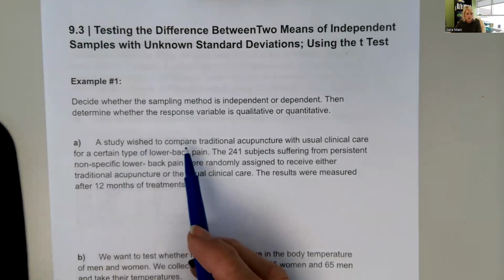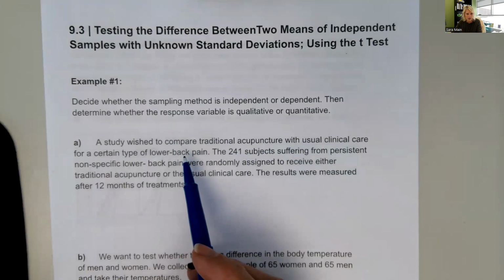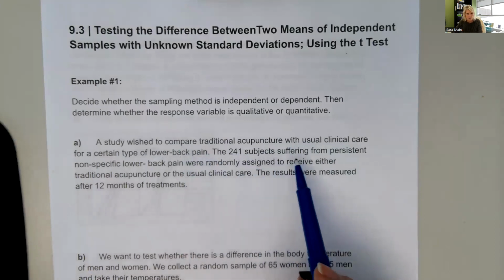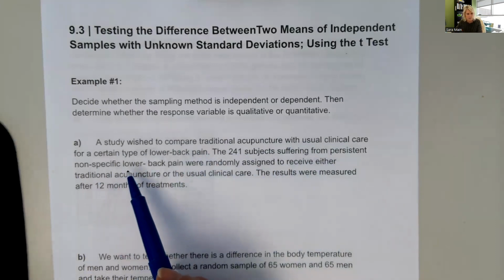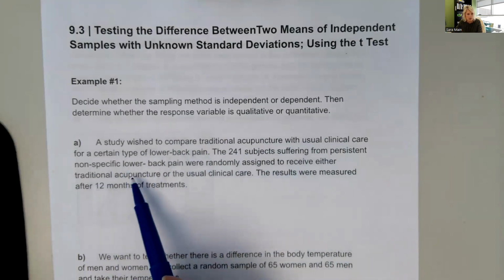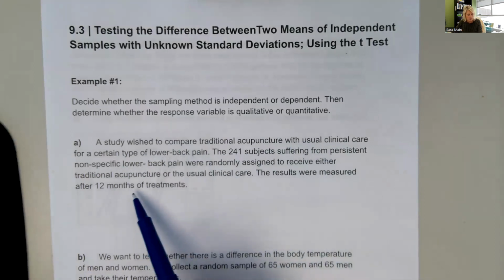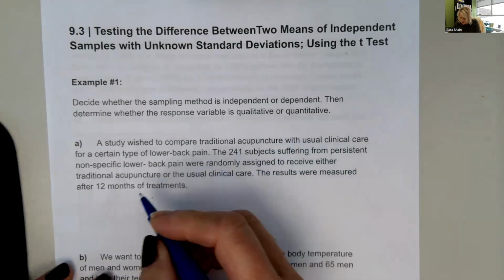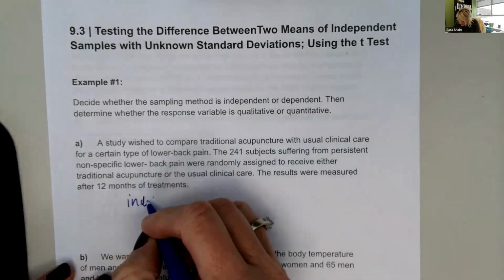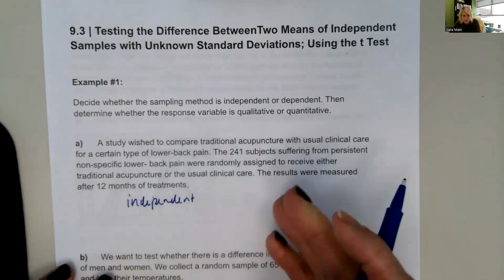It says a study wished to compare traditional acupuncture with usual clinical care for a certain type of lower back pain. The 241 subjects suffering from persistent nonspecific lower back pain were randomly assigned to receive either traditional acupuncture or the usual clinical care. The results were measured after 12 months of treatments. These would be considered independent samples because they didn't receive both treatments.